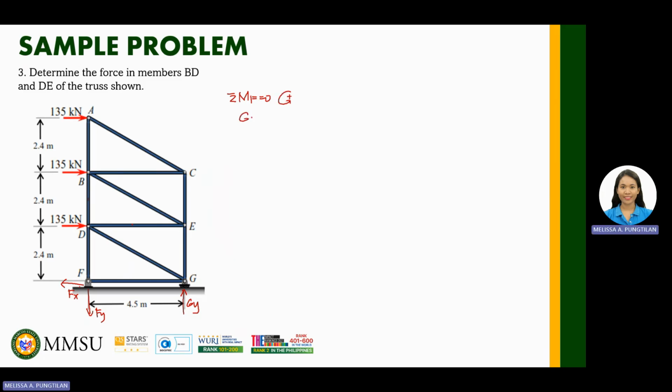Okay. So, by taking the summation of moment at point F is equal to 0, counterclockwise positive. So, we have Gy multiplied by the moment arm, 4.5 meters. Next, minus 135 kilonewton by 2.4 meters, minus 135 ulit by 2.4 multiplied by 2, and then next, minus 135 kilonewton by 2.4 times 3 is equal to 0.